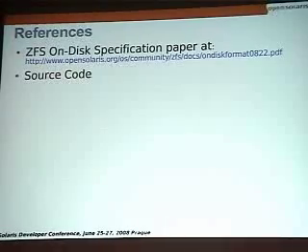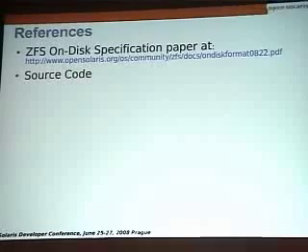And the source code, in particular the ZDB source code. ZDB is pretty interesting. It actually uses most of the kernel code. So if it's a debugger and there's bugs in the kernel code, well, you're using them to do the debugging, but that may or may not be important.